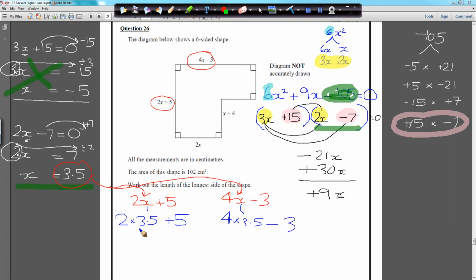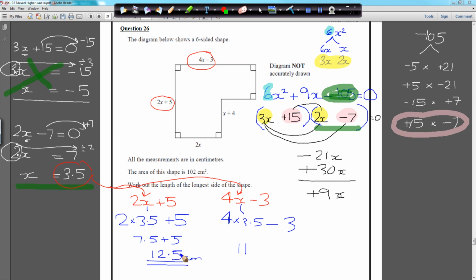So 2 times 3 will give you 6. 2 times a half is 1, that's 7. Add 5, that'll give you 12.5. 4 times 3 is 12. 4 times a half is 2, that's 14. 14 minus 3 is 11. So the biggest length is 12.5 centimeters.